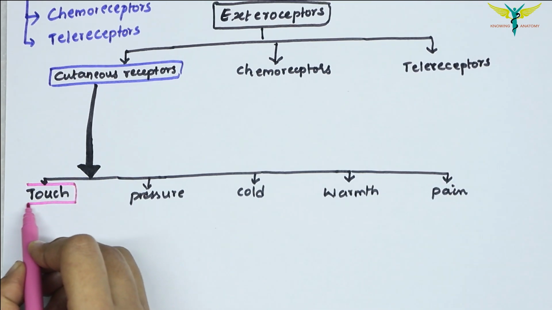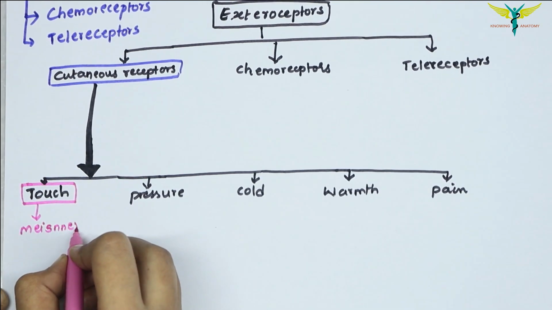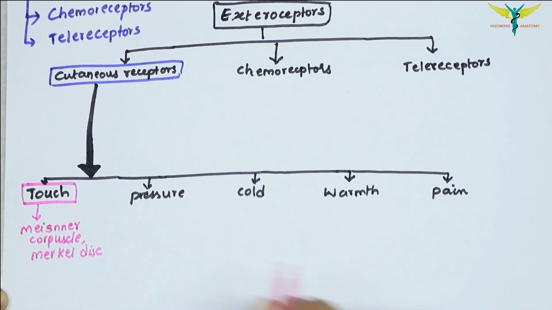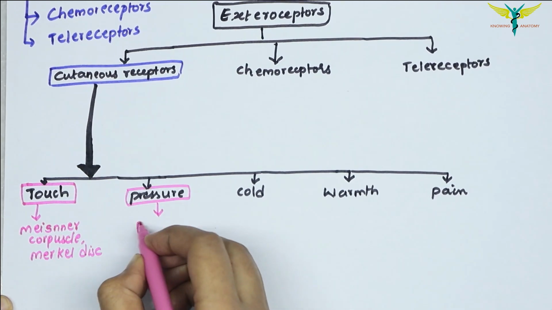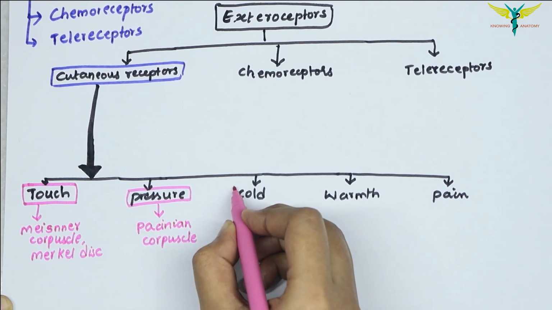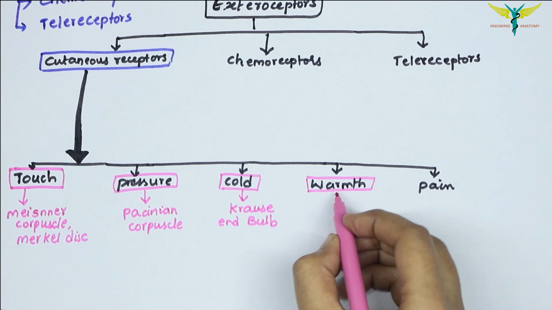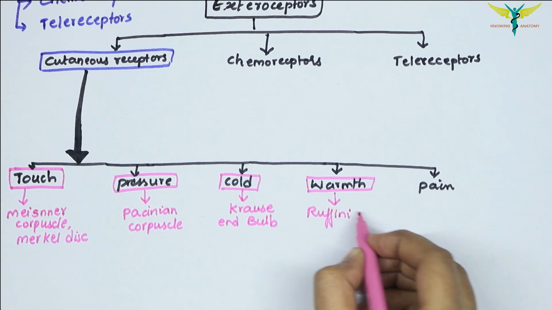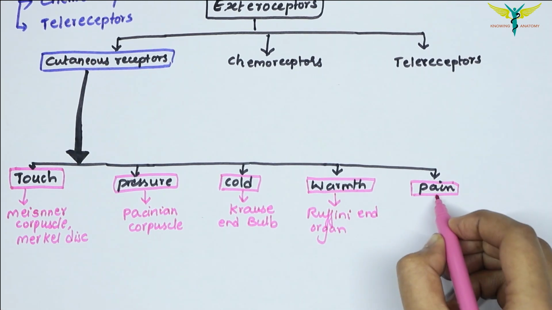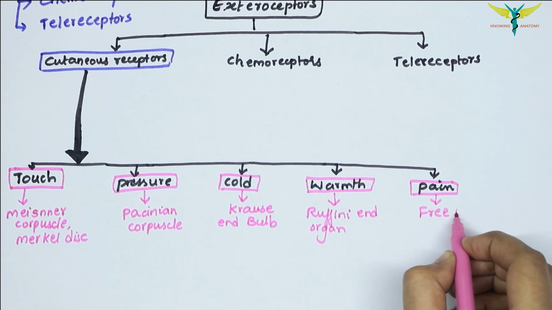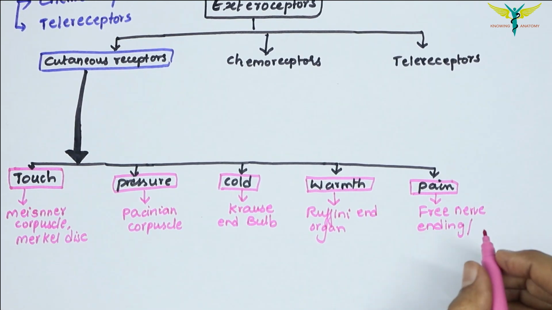The touch receptors are the Meissner corpuscle and the Merkel disc. The pressure receptor is the Pacinian corpuscle. The cold receptor is the Krause end bulb. The warm receptor is the Ruffini end organ. The pain receptor is the free nerve ending, also called the nociceptor.